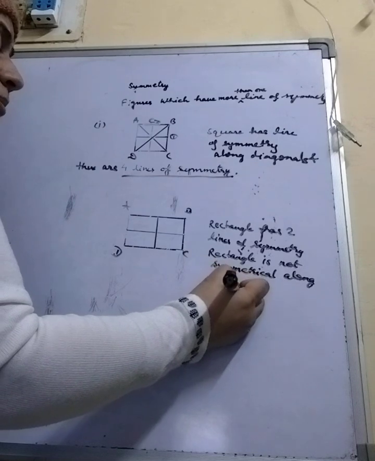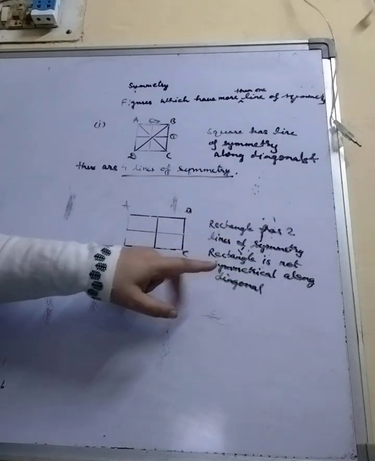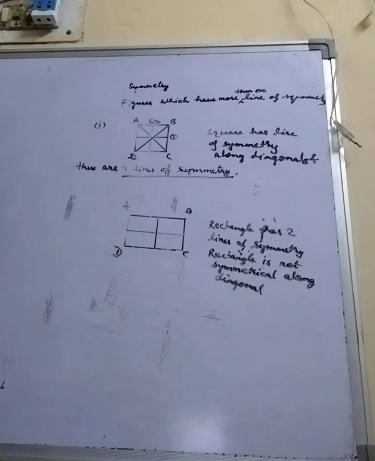This is a very important point. A rectangle has only 2 lines of symmetry and it is not symmetrical along the diagonal. Now there are some figures on page number 221 where you have to show how many lines of symmetry these figures have.